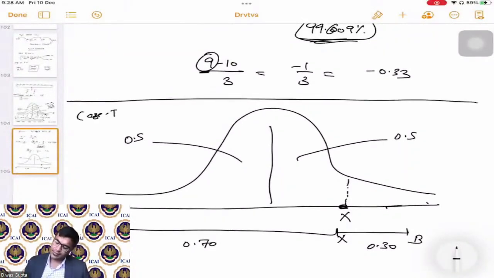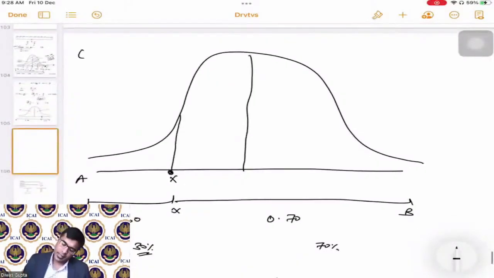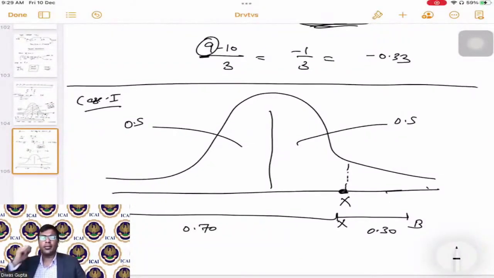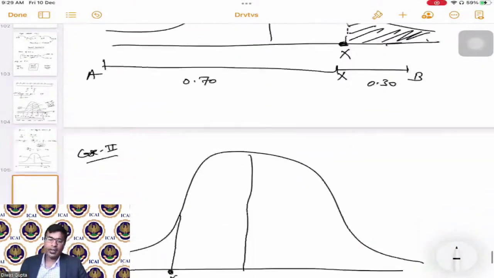This is case 1. This is case 2. In this case, one tail probability from the right hand side will mean X to B, correct? This is the one tail probability here, correct?